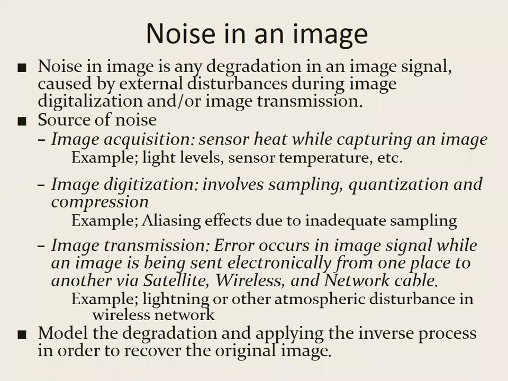During digitization also, since it is an approximation, during sampling, quantizing, and compressing, there are different effects that are expected, especially the aliasing effect. An effect which comes because of taking a non-representative number of samples.